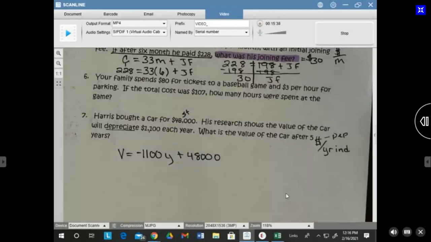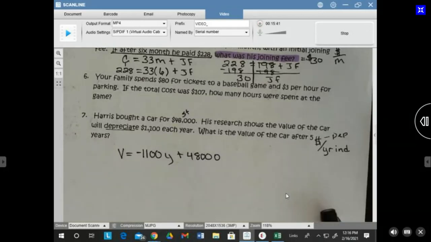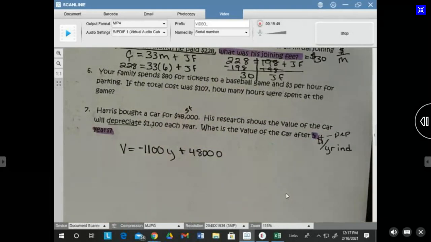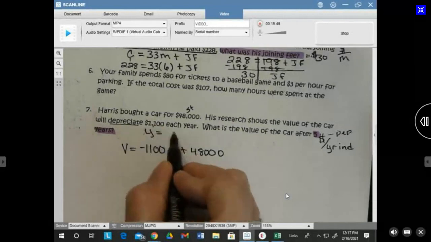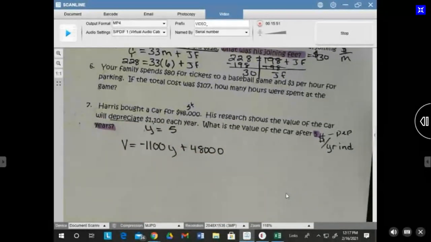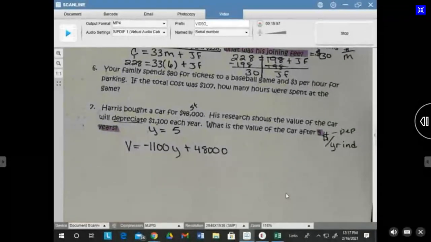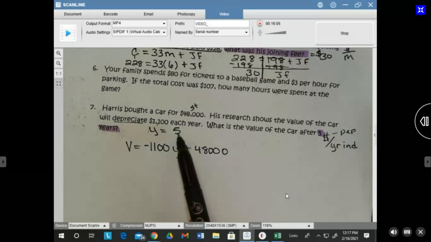What is the value of the car after 5 years? That gives me that y equals 5. So how does that fit into my equation here? Y equals 5.